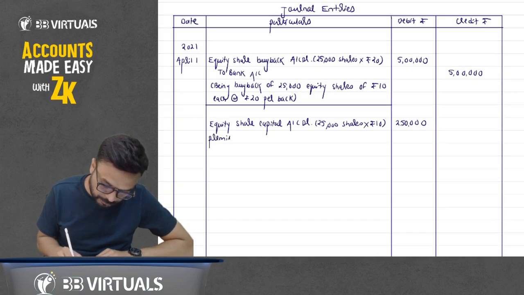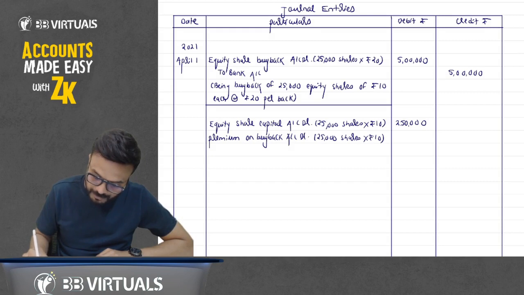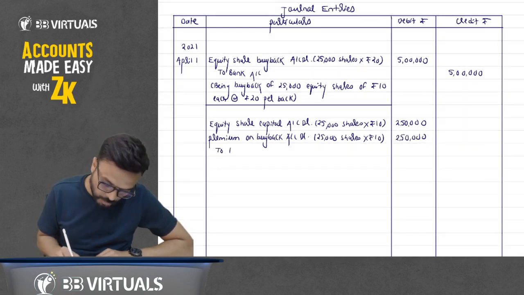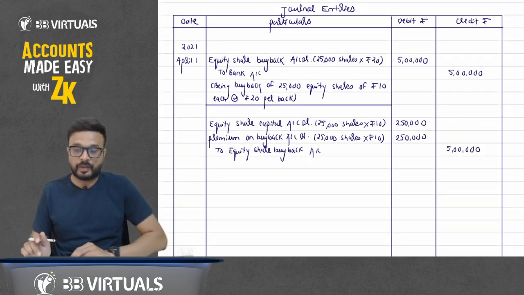Premium on buyback account debit, 25,000 shares multiplied by rupees 10 is 2,50,000, to equity share buyback account 5 lakh rupees.